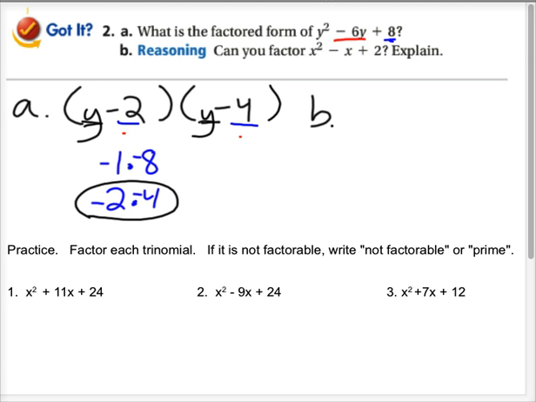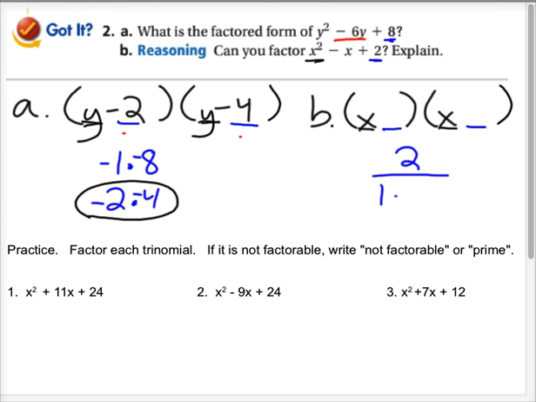Now for B, let's try to break B down. So we have those two parentheses. Again, these two are going to create our x squared term. So x times x will give us that x squared. These two have to multiply to give us that 2. So let's start thinking things that multiply to give me 2.